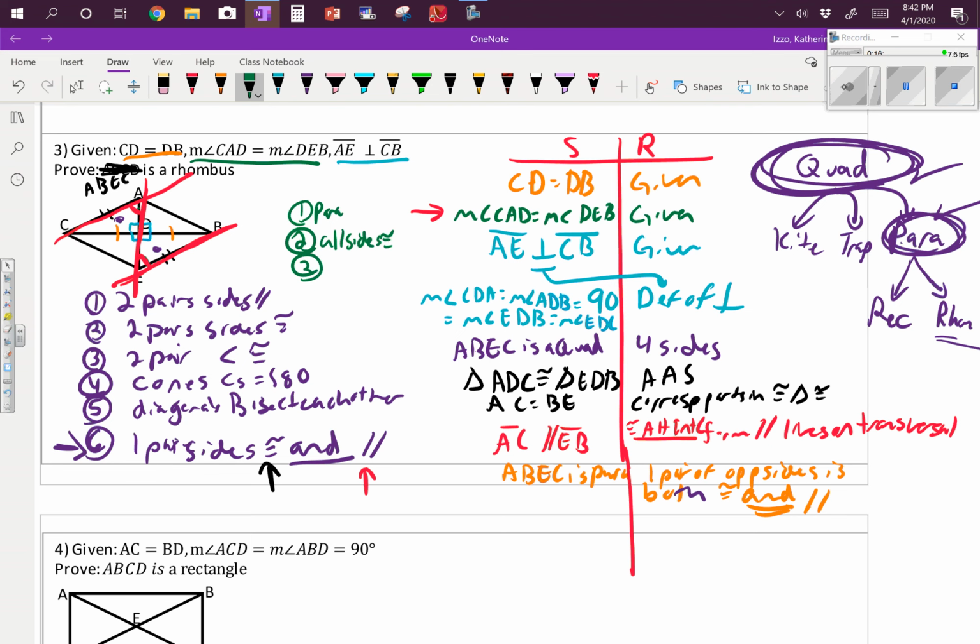3. We need to prove diagonals are perpendicular. Hey, wait! Hey, wait, we have that! We've got that! So yeah, all we have to do is say ABEC is a rhombus because diagonals are perpendicular.